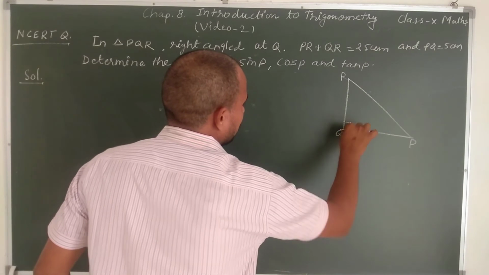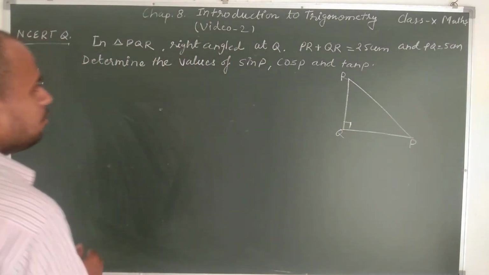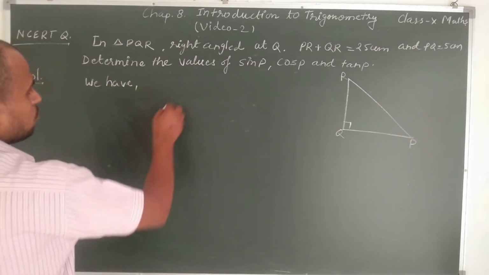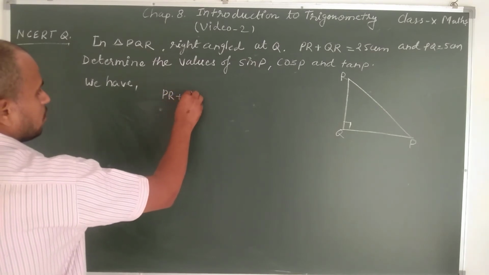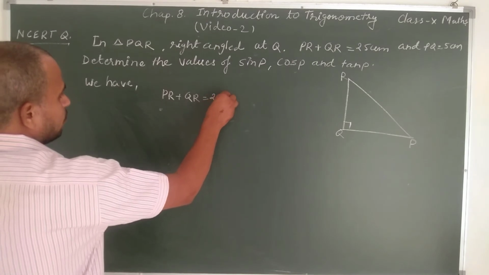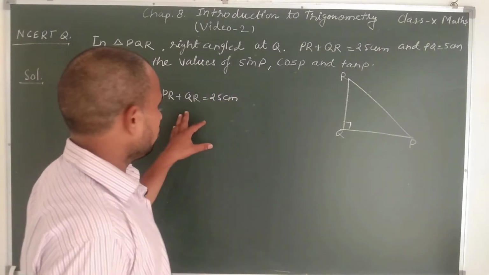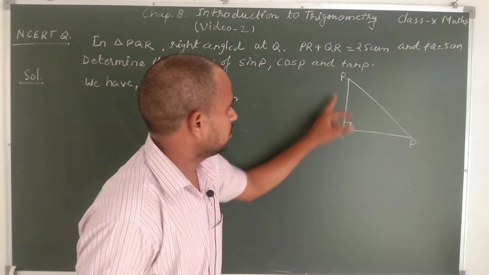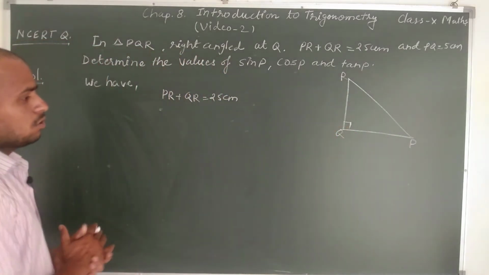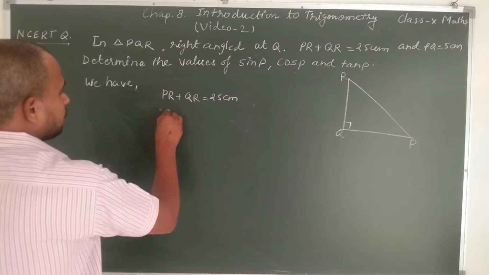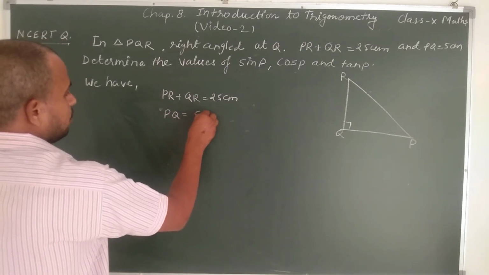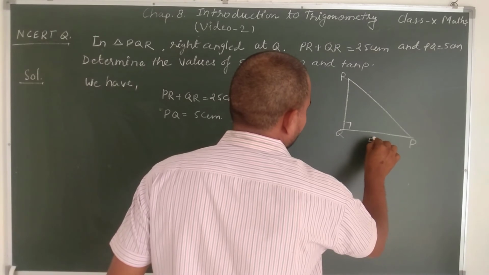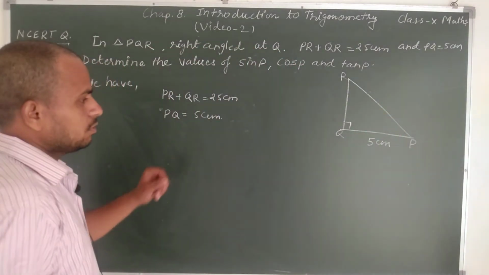This is the 90 degree angle, and we have the clue that PR plus QR is 25 centimeter, the sum of hypotenuse and perpendicular, and PQ is 5 centimeter. That is the base.